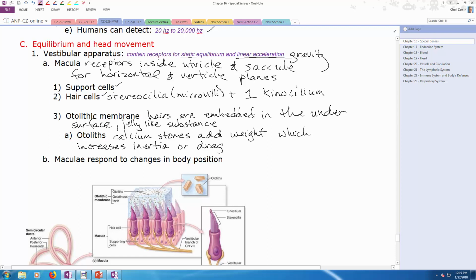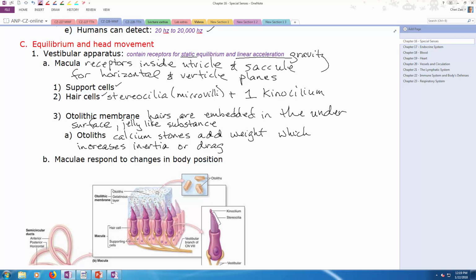Inertia means not to move, and then once you do get it moving, it stays moving for a while. And that's also that drag aspect to it. So the more stones you add, the harder it is to get it moving, but it will stay in its position for a long time before it actually gets back. The less stones you have, the easier it is to move, but also the easier it is for it to actually resume its normal position and have less drag.